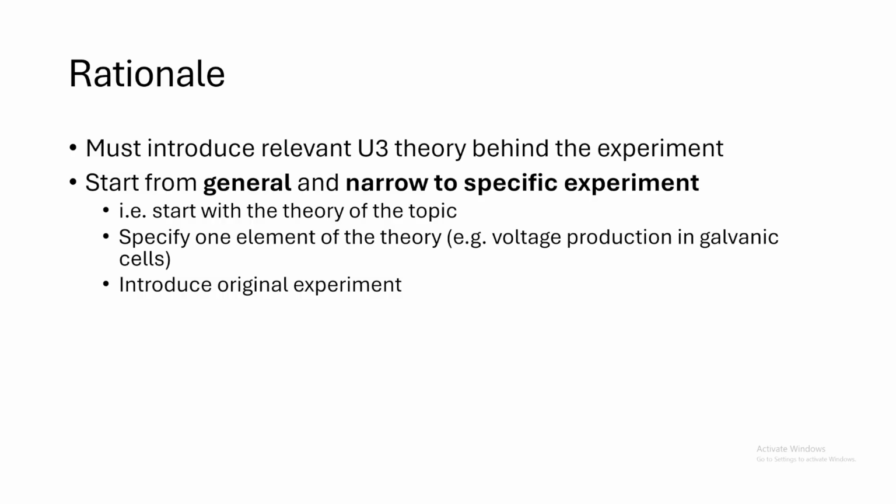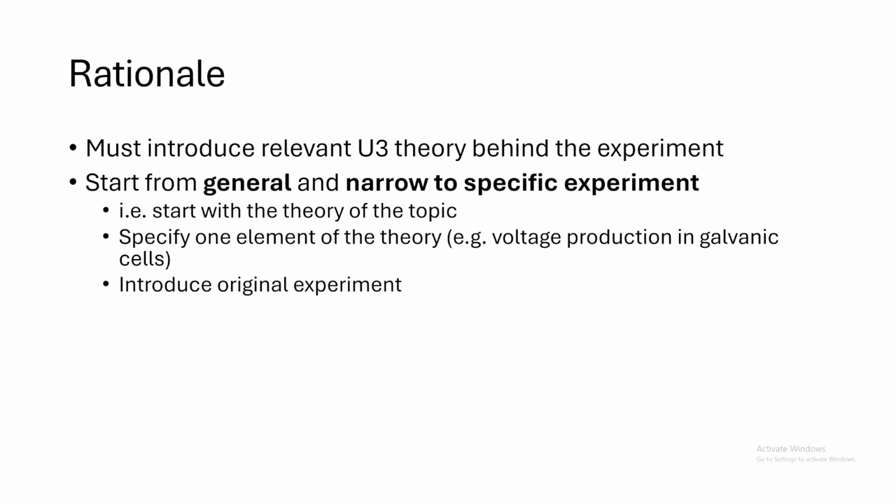So essentially you're just starting with the Unit 3 content that you learnt in class, or the vague stuff about that. Then you narrow it to a specific part of the Unit 3 content. For example, voltage production in galvanic cells, or force on a current carrying wire.